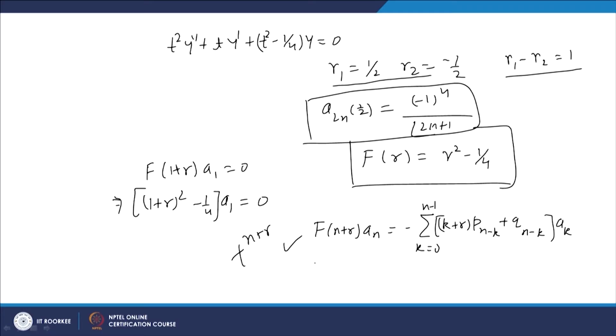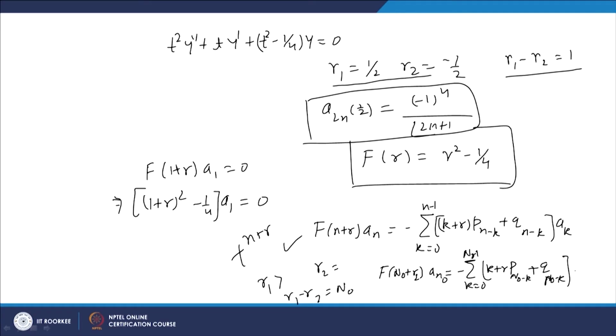So, here, take r2 with r1 bigger than r2, and if you take the case corresponding to r2, where r1 minus r2 differs by some integer, let us say n naught, then for n equal to n naught, f(n naught plus r) a_{n naught} is equal to minus summation k equal to 0 to n naught minus 1 of [(k plus r) p_{n naught minus k} plus q_{n naught minus k}] a_k.